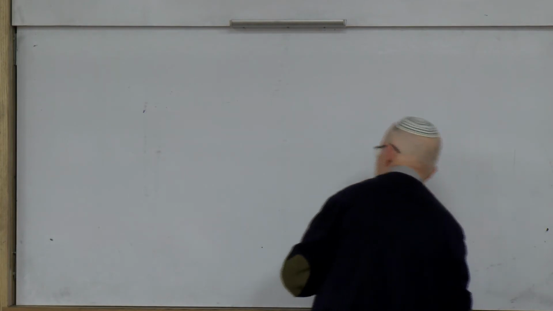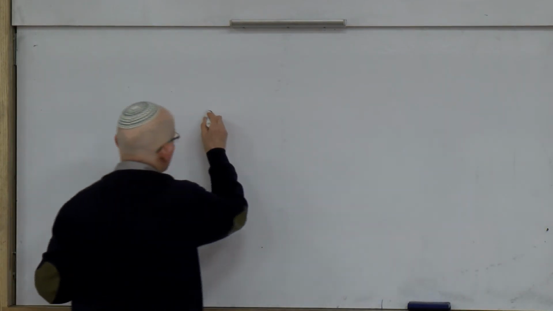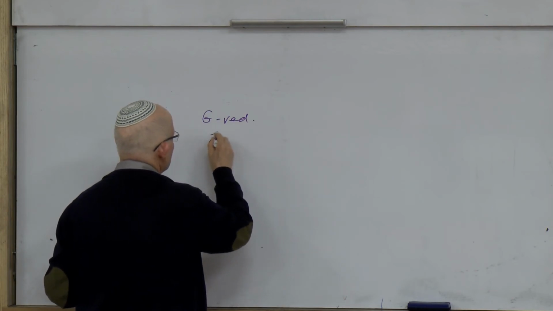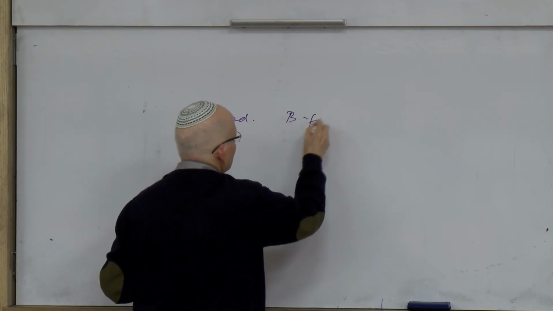So Springer fibers. You have G, the reductive group, and then B is the flag variety.